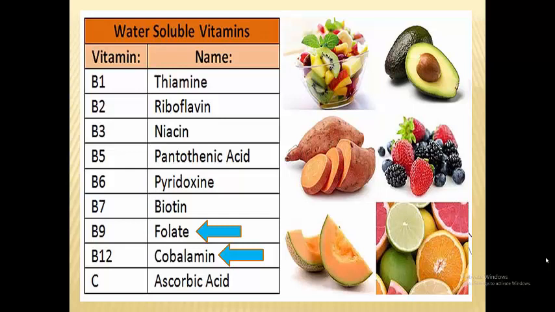So if you don't make enough IF, you don't absorb enough B12. And after age 50, you make less IF, so you absorb less B12. So it is more likely that after the age of 50, someone could potentially become deficient in B12. So oftentimes, health professionals will tell people over the age of 50 to take a B12 vitamin supplement just in case.